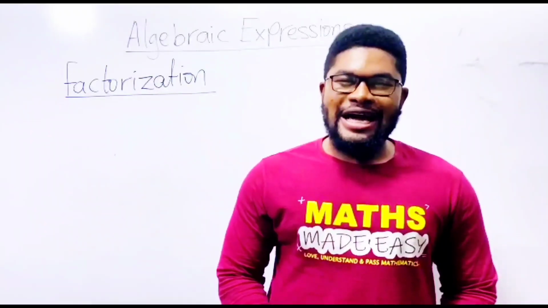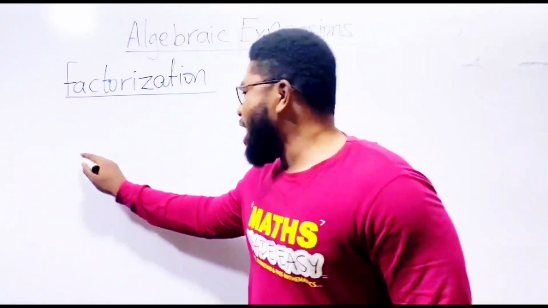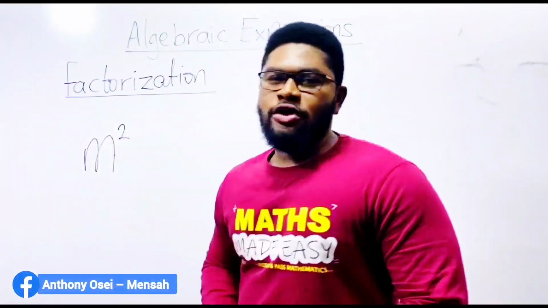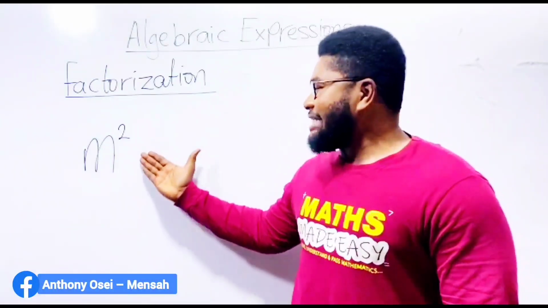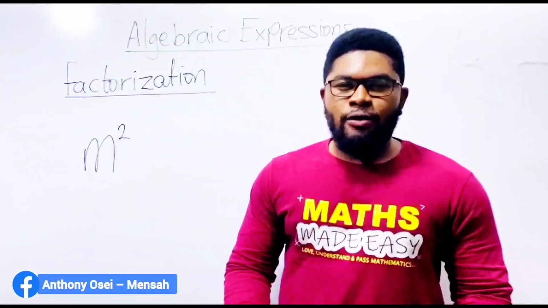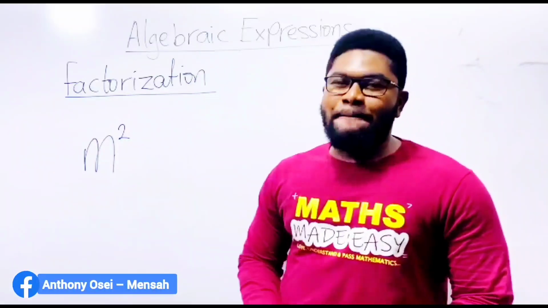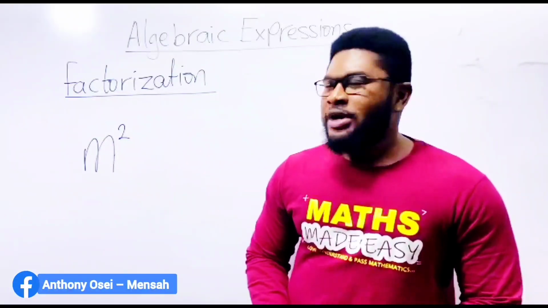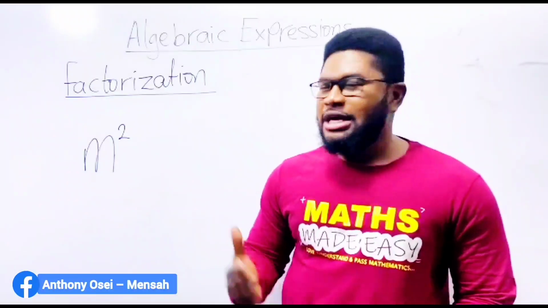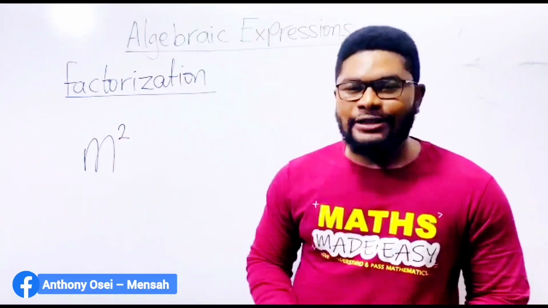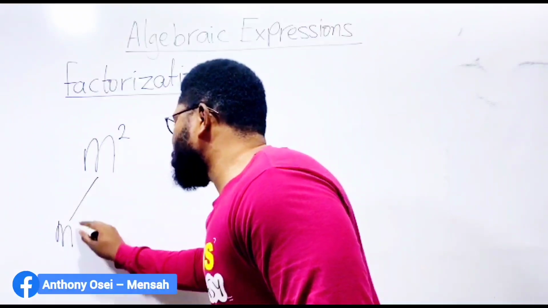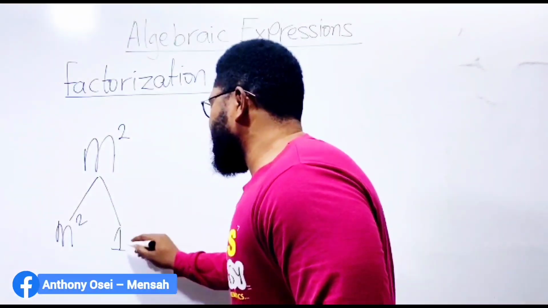Let's take a look at another expression. Let's take m squared. We want to get the factors of a term like m squared. Now, if you want to get factors of a power or a term with a power, then the first pair of factors will be the same term times 1. That is m squared and 1.